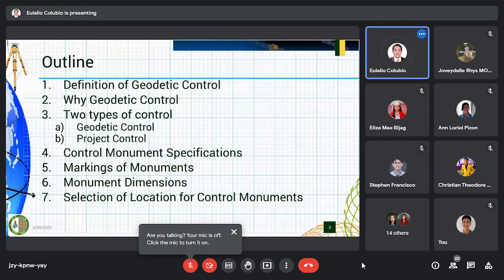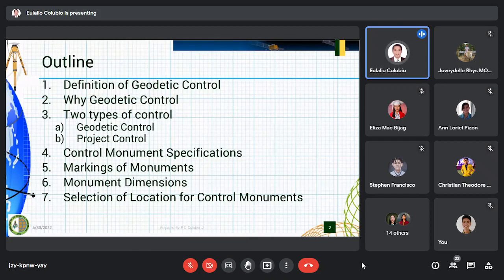We'll also discuss what are the proper or appropriate site locations of the proposed monuments, especially if they are used for geodetic applications. Except for project control monuments, for example barangay boundary monuments and other monuments establishing the jurisdiction of a certain municipality or barangay.